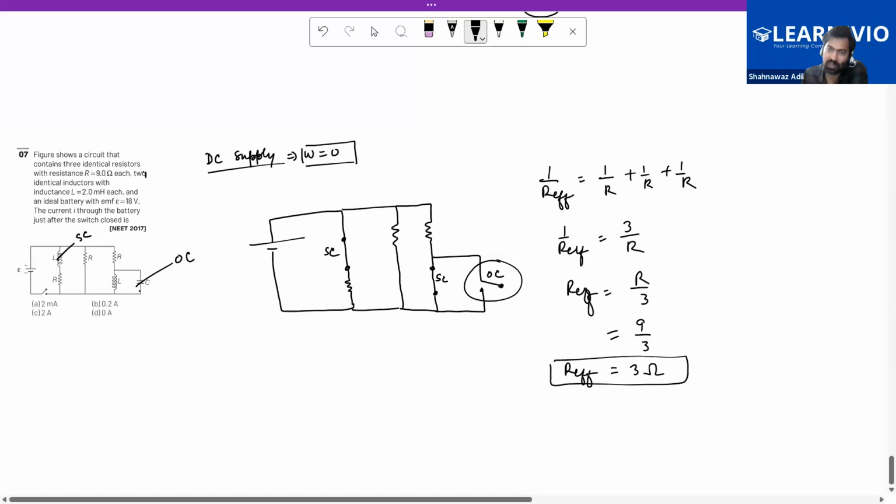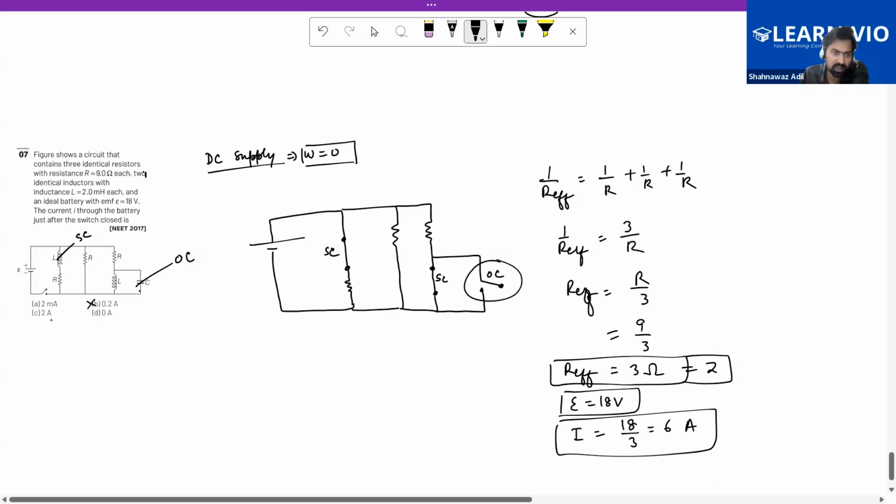This is the impedance, which is R. And then we have the EMF, which is 18 volts, right? So we can calculate the current. Current is 18 by 3, so that would be 6 ampere. And there are no options in this one, so this question was wrong, right? So yeah, this is the answer to this question.